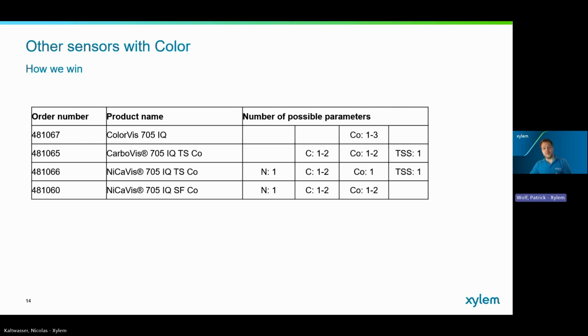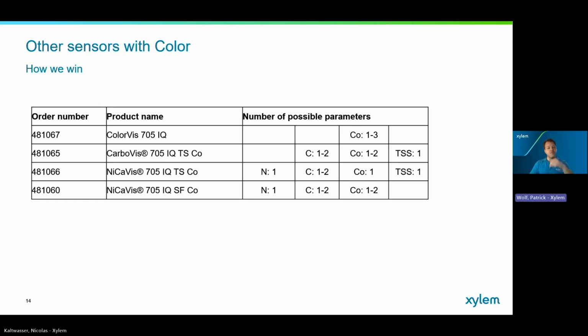So, for example, when installing the sensor for the first time and the customer is not 100% sure which wavelength to use, or the customer is not 100% sure if he wants to do turbidity compensation or not, and if turbidity compensation, which factor to use. So that means in a test phase at the very beginning, you can choose 3 different parameters. You can choose whatever wavelength, and you could even choose the same wavelength 2 times.